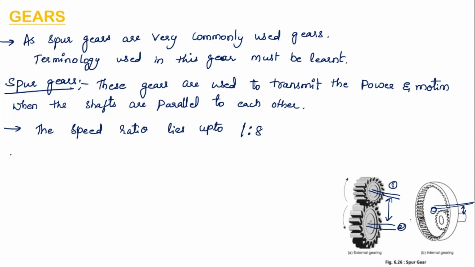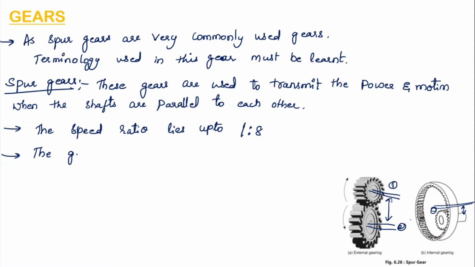The gearing of the two meshing gears can be either external or internal. Here you can see an external gearing, that is, two gears meshing externally with each other. This is one gear which may be the driving gear and this is the driven gear. Externally, the outside circle has the teeth.